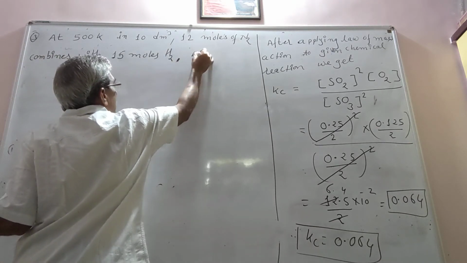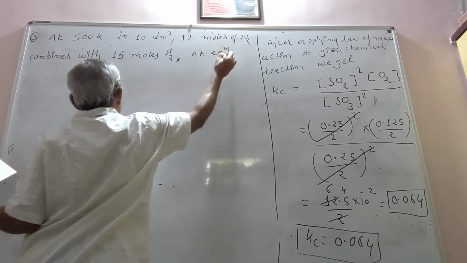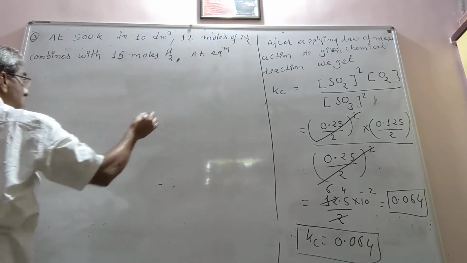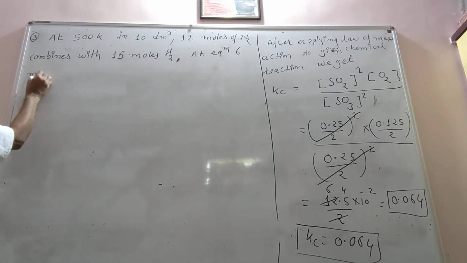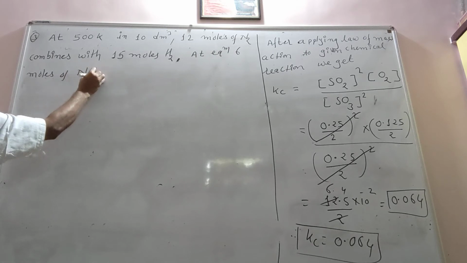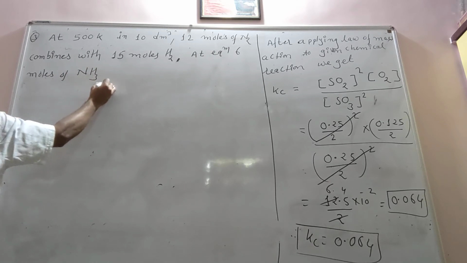At equilibrium 6 moles of NH3 are formed.